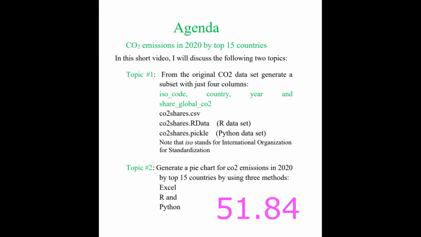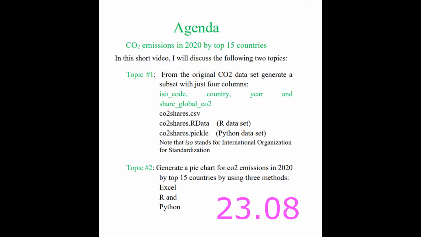We are going to use Excel, R, and Python to generate 3 types of dataset: CO2 share.csv, CO2 share.rdata, CO2 shares.pickle. Topic number 2. Generate a pie chart for the CO2 emissions in 2020 by first 15 countries.